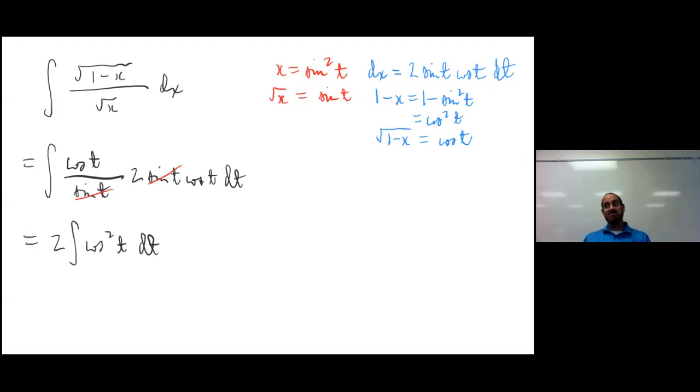What do we do? Half angle. You got it. All right, so remember the half angle formula, cosine squared of t is 1/2 times 1 plus cosine of 2t. Okay. Now the 1/2 and the 2 conveniently cancel.